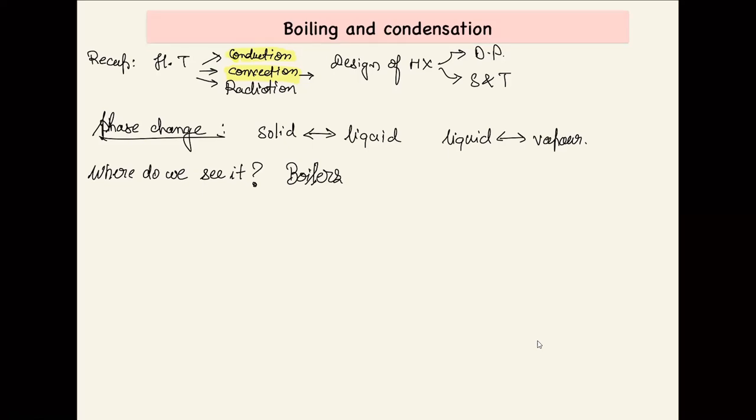But now, to design equipment where a phase change has to take place, we need to understand these two phenomena and how heat transfer calculations have to be done for this. So this was all about boilers in chemical industries.